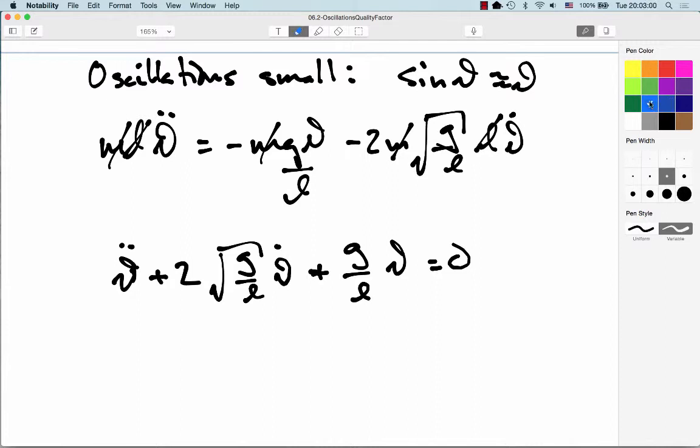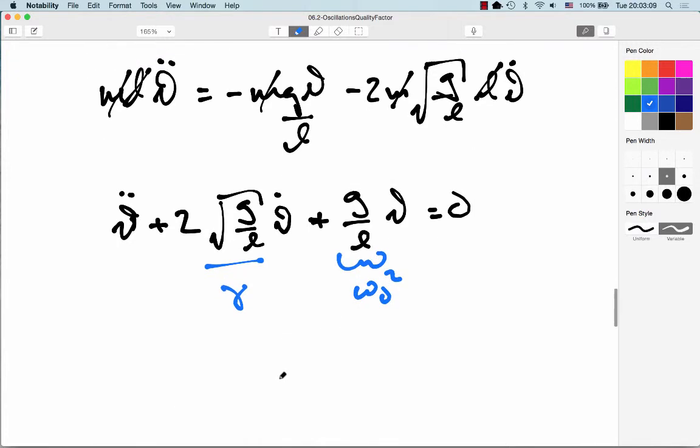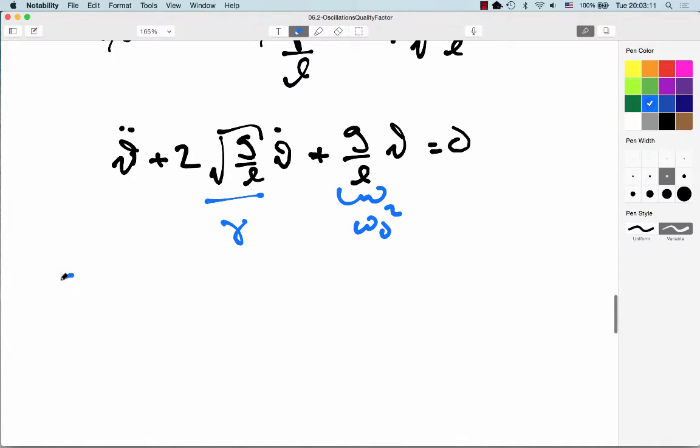So if we look at this, we recognize that the radical here is gamma, and that guy right there is omega naught squared. So that means gamma squared equals omega naught squared, which means it's critically damped.